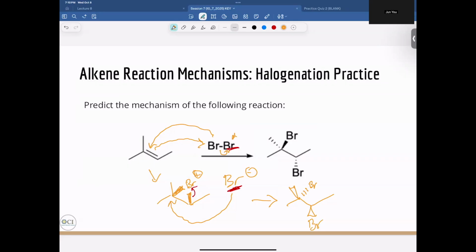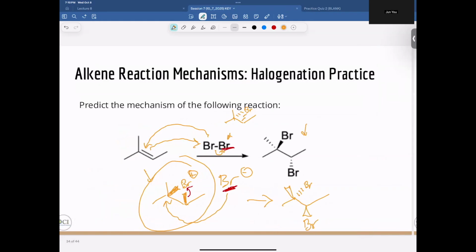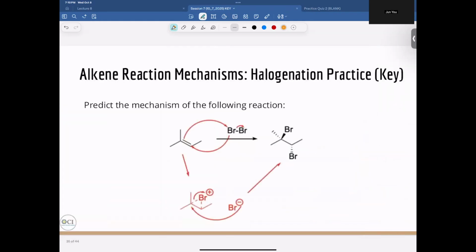The reason that this is different is because instead of drawing it like this, they drew it like this. You can draw it either way. It doesn't really matter. Key: remember that second bromine ion wants to attack the more substituted side.